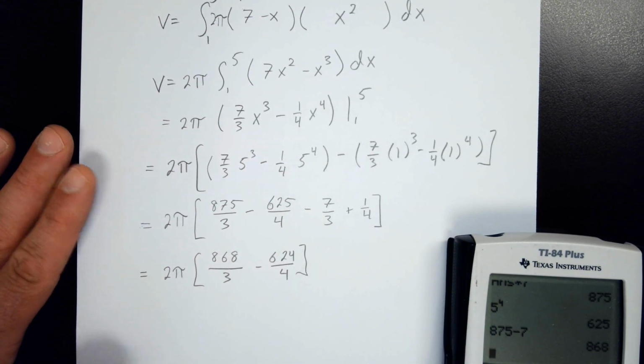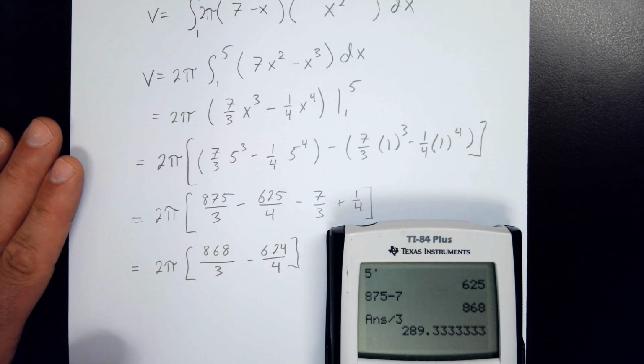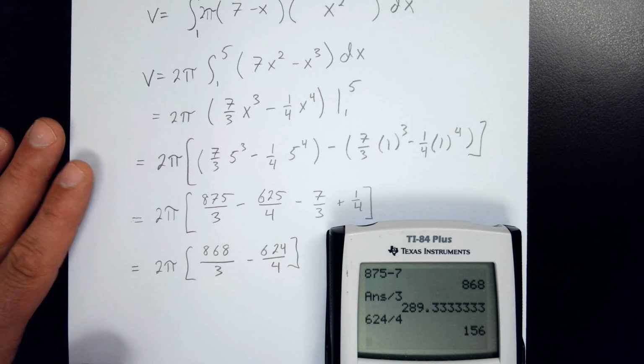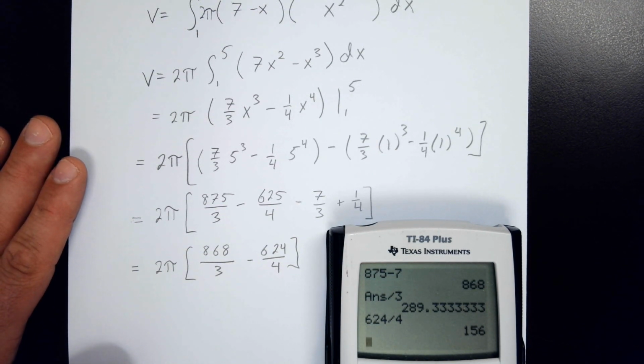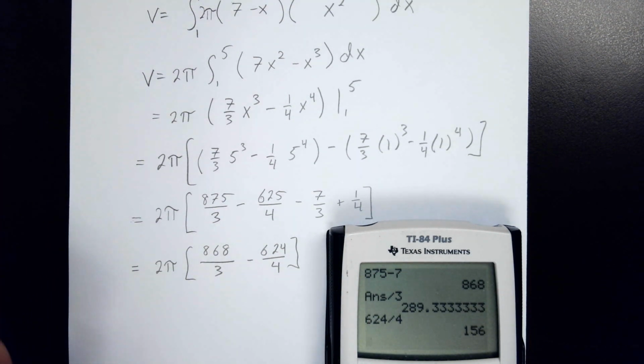And we'll see if these numbers turn into something nice. 868 divided by 3 doesn't turn into anything great. 624 divided by 4, that turns into 156. So let's go ahead and just turn these all into thirds.